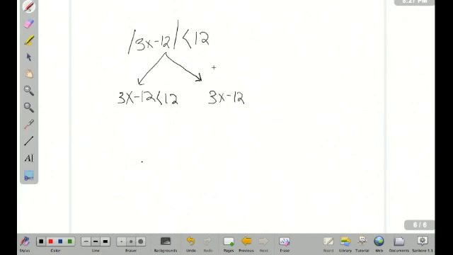And in this one, on my negative side, I'm going to flip the inequality and then make this a negative 12. So once again, I can do it all at the same time. What I do to one side of the inequality, I do to the other. 12 plus 12 is 24.